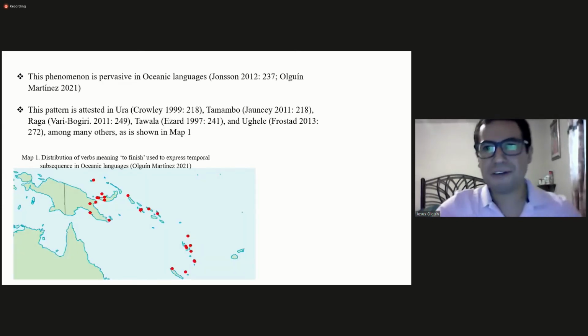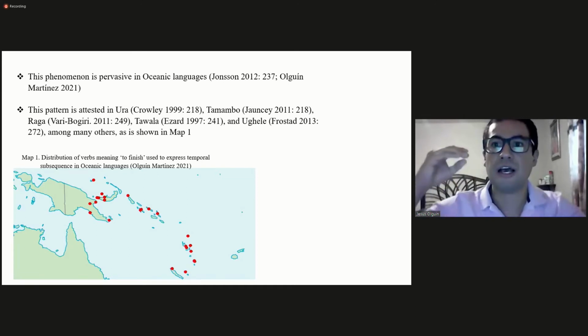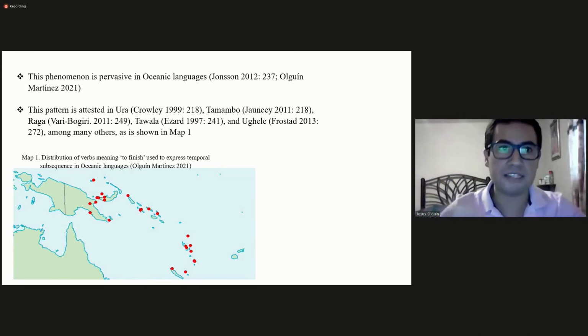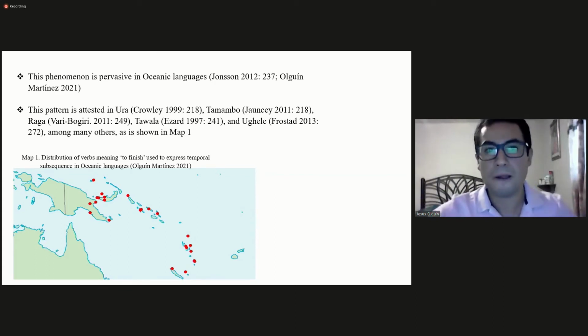Something else that I would like to add about verbs meaning to finish grammaticalized into and then devices is that this phenomenon seems to be pervasive in Oceanic languages. This is a study that I conducted recently, and it seems that verbs meaning to finish used as and then devices are attested in languages spoken in Vanuatu, New Caledonia, the Solomon Islands, and many others.